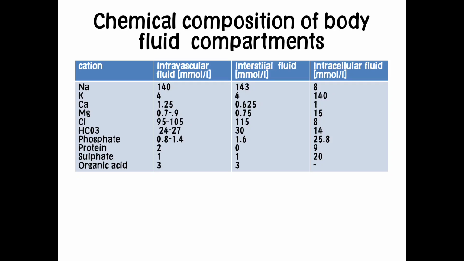So therefore, the interstitial compartment has a higher concentration of sodium than the intracellular compartment, meaning that the extracellular fluid always has a higher concentration of sodium, and on the other hand, the intracellular fluid always has a higher concentration of potassium.